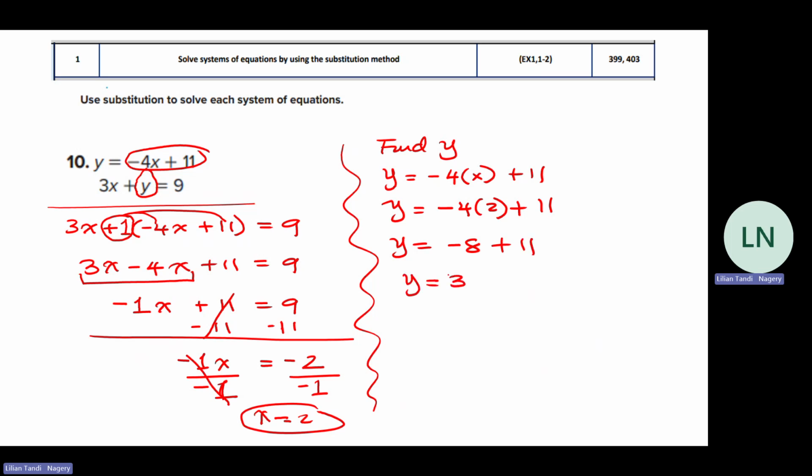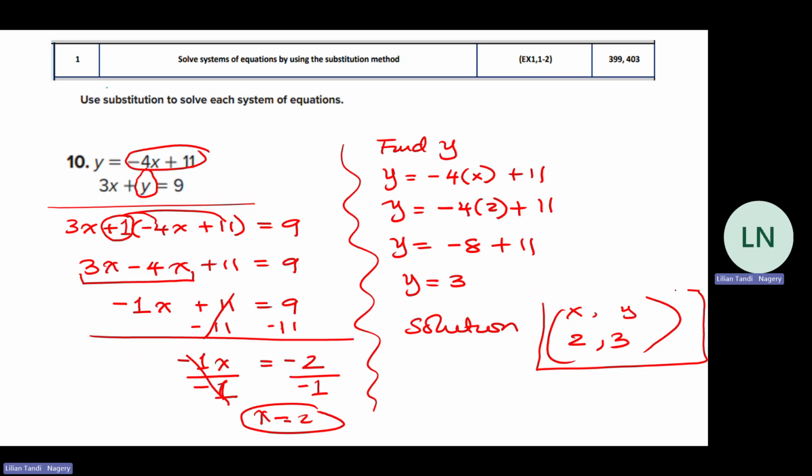This should be 3. Then you write your solution. So solution, I'm going to start with x, comma, y. Your x is 2, your y is 3, and this is your answer.